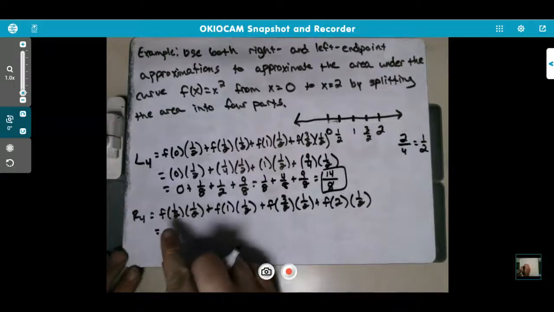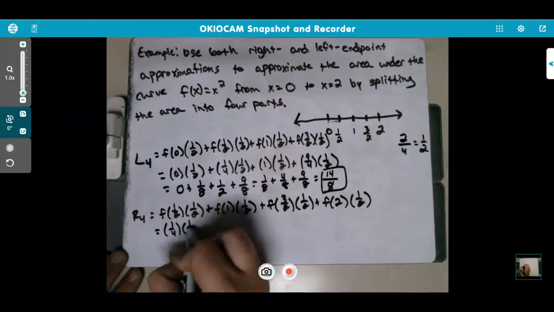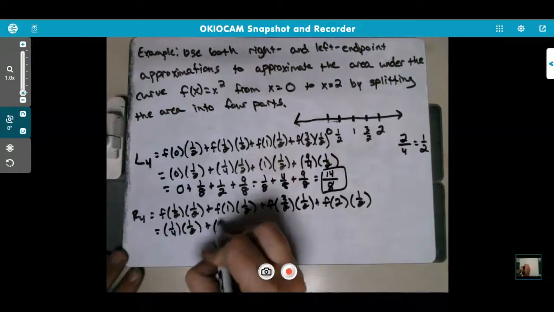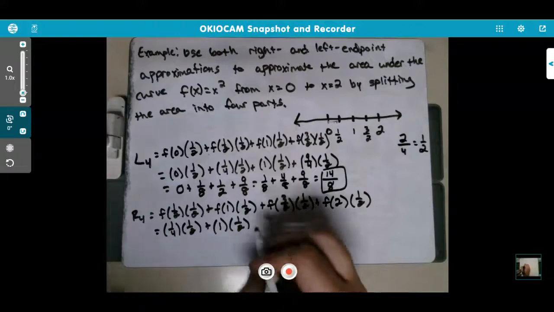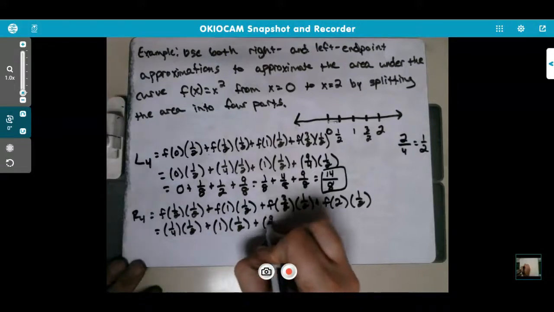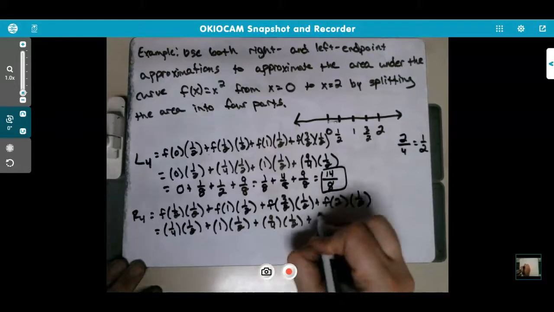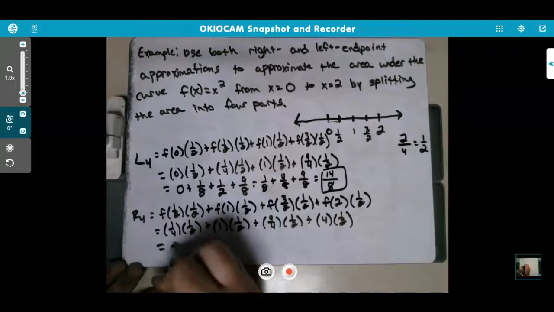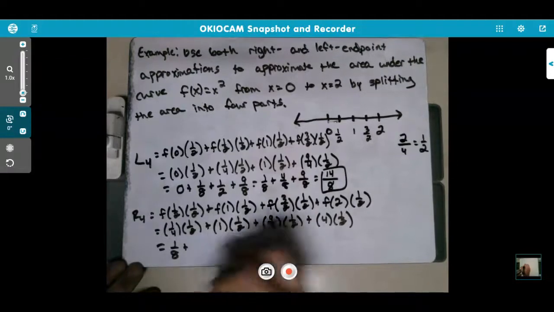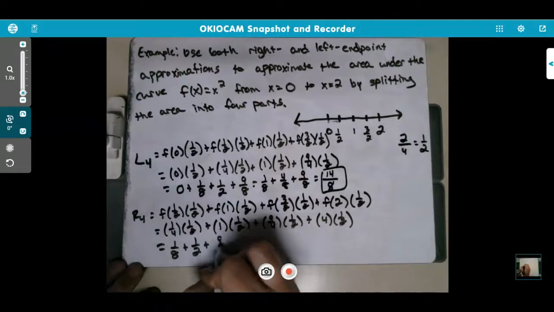F of 1/2 is 1/2 squared, which is 1/4. F of 1 is 1 squared, which is 1. F of 3/2 is 3/2 squared, which is 9/4. And then f of 2 is 2 squared, which is 4. 1/4 times 1/2 is 1/8. 1 times 1/2 is 1/2. 9/4 times 1/2 is 9/8.